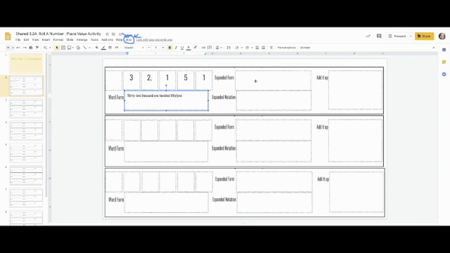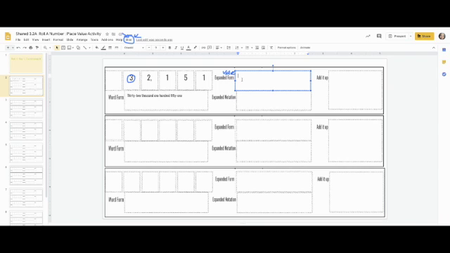Okay? Now let's write it in expanded form. Expanded form shows the value of each number. So we're going to start with the value of this digit 3. What is the value of the digit 3? Okay, let's type it out. So that digit 3 is in the 10,000s.